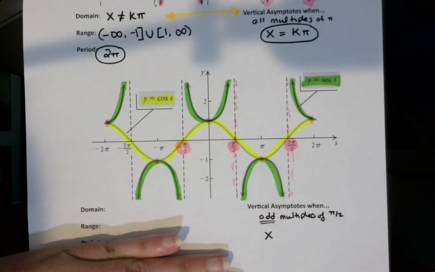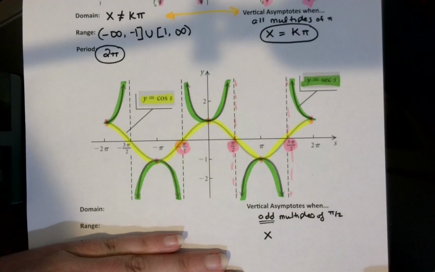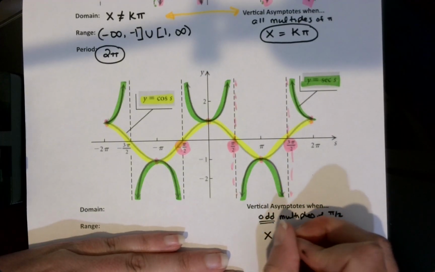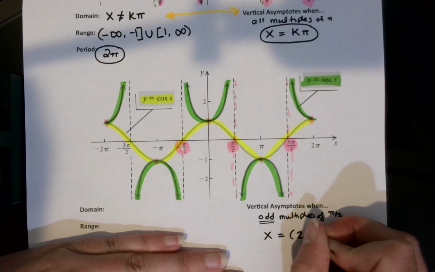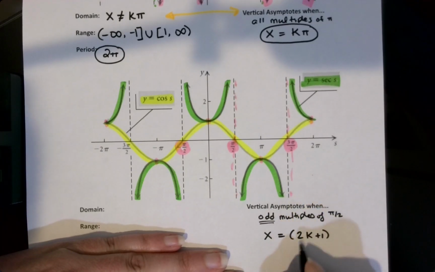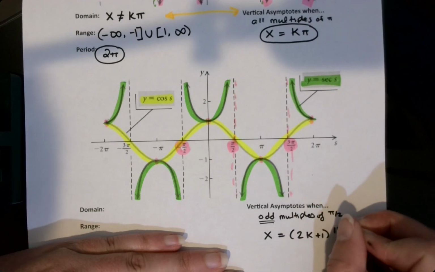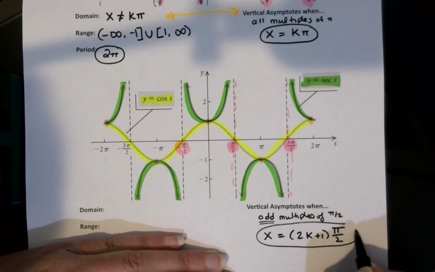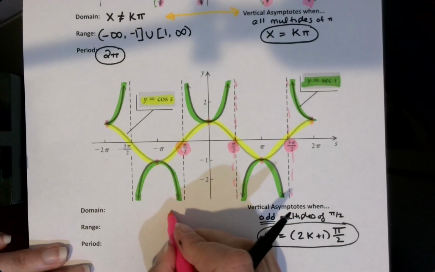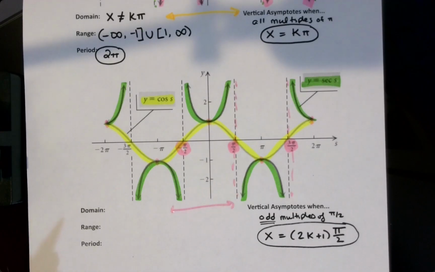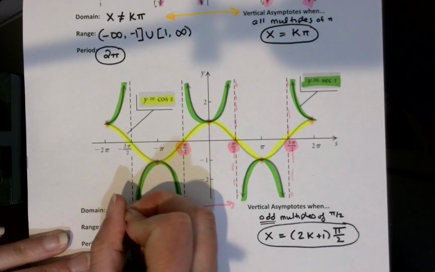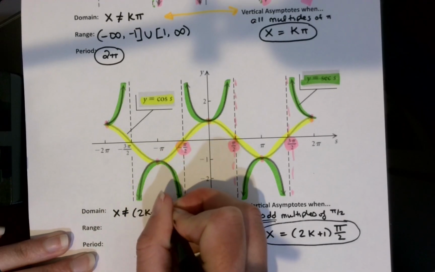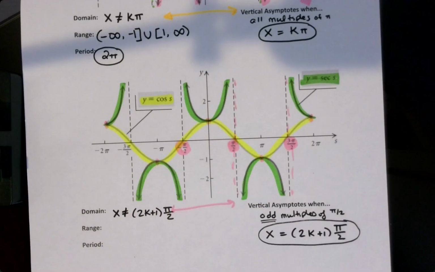If I said k pi halves, pi is one of those because 2 pi halves reduces to pi. So just odd multiples. So odd, that is again a 2k plus 1. Make an even, add 1, it's an odd. Multiples of pi halves. Those are going to be vertical asymptotes. And those are going to correspond with our domain, which will be x is not equal to the 2k plus 1 multiples of pi halves, odd multiples of pi halves.